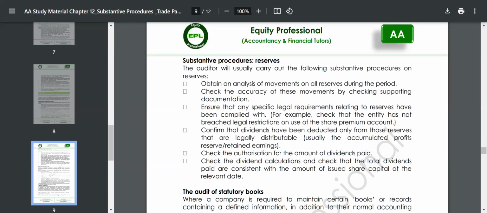When companies want to pay dividend, they will say, we are paying 10 naira for every share you are owning, or we pay 50 kobo for every two, three shares, whatever. Now, the auditor will need to do that calculation that the appropriate dividends have been paid based on the dividend amount payable. So the auditor will need to check all of this when carrying out substantive procedure on reserve.